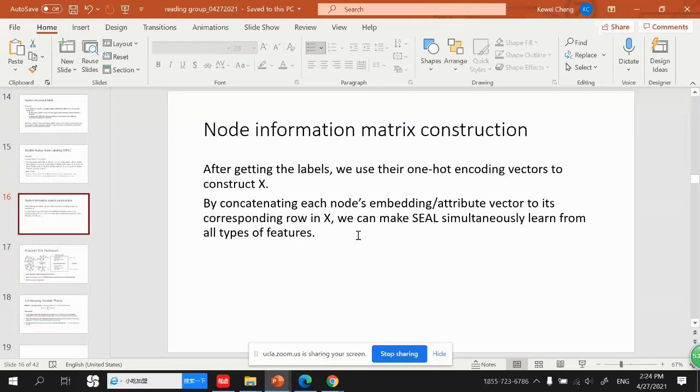The purpose of this part is to indicate the structure information of each node and to distinguish the different structural roles of each node. And then another option is that we can also include the node's embedding or attribute vector in order to include more external information.